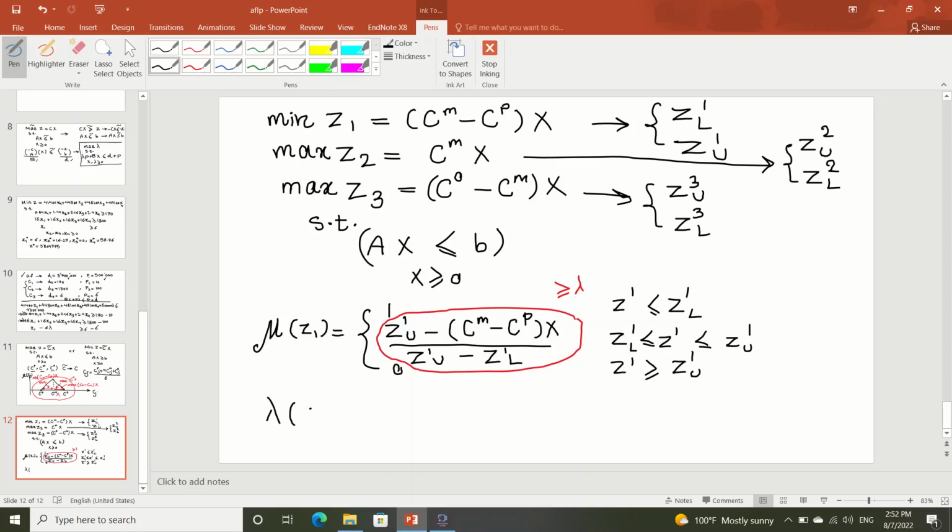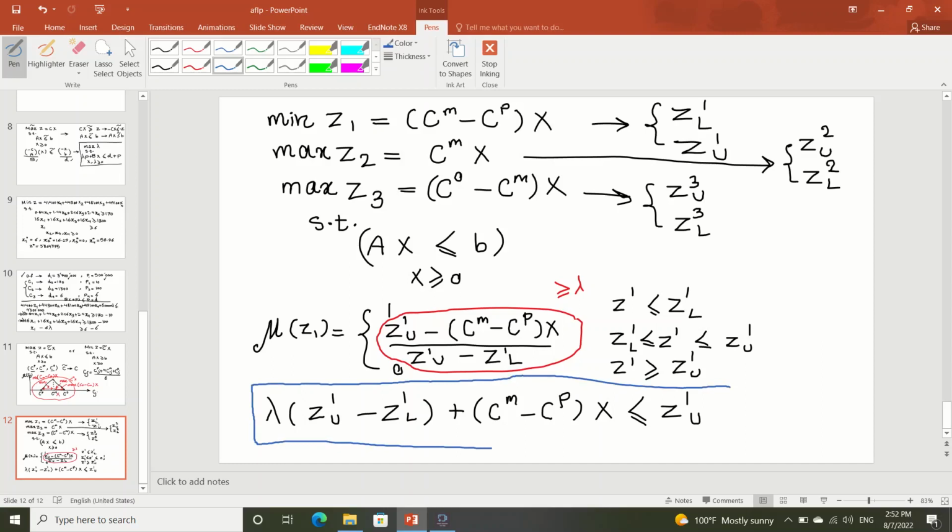Lambda multiplied by the upper minus the lower, plus Cm minus Cp x, is less than z upper. This is the inequality for the first objective function.